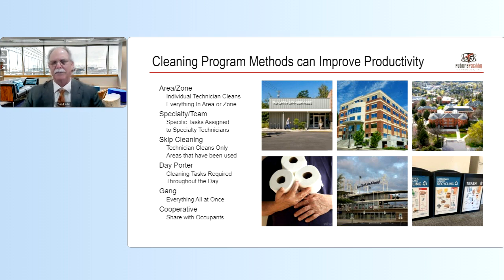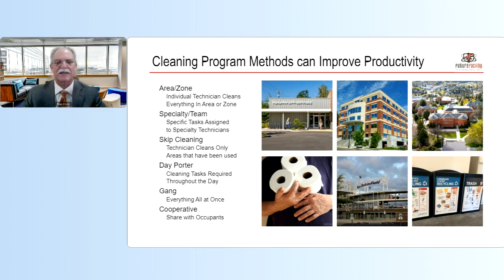A lot of times you see that small building in the front, the first one on the upper left is a small building. Well, that would be more efficient to have one cleaning technician go in there and do everything in that area or zone, in this particular case, the building. If you go to the second picture, that's kind of a mid-rise building.